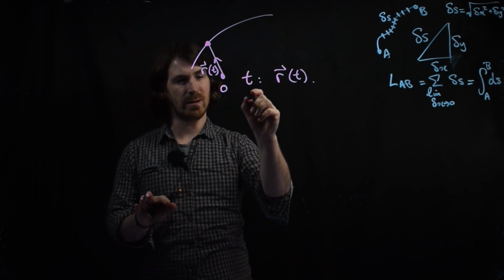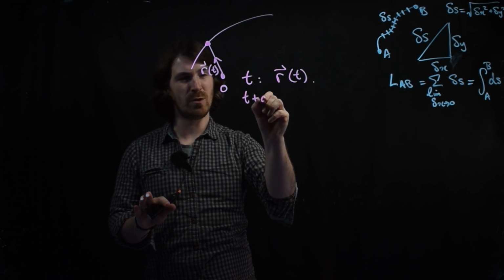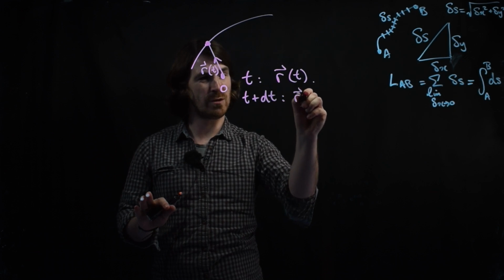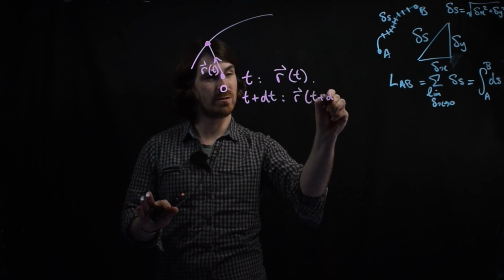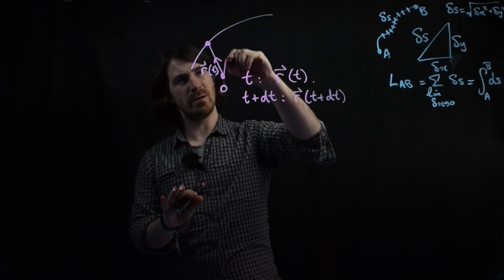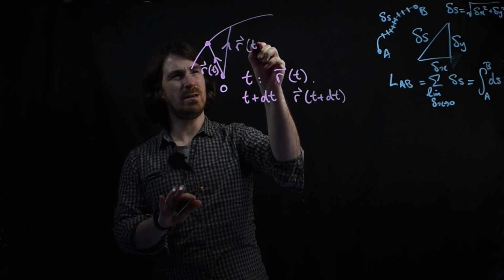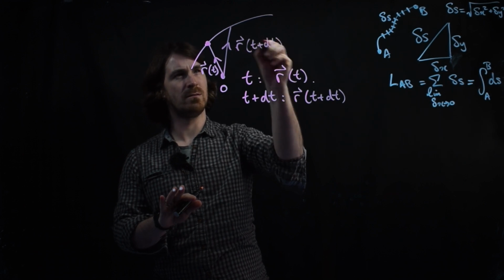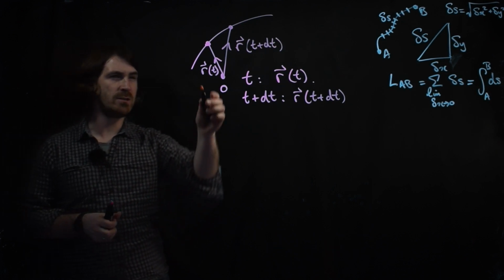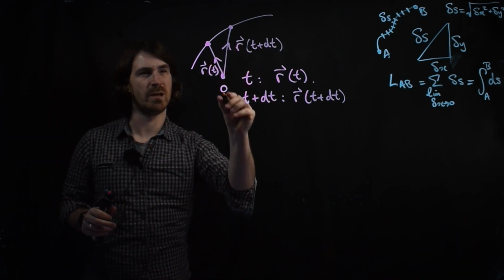Let's think about a later time, t plus some small increment in time, dt. Now the curve goes to r of t plus dt. We're still on the curve, but at a different point on the curve, r of t plus dt. We want to think about what the change in this vector r is in this small time dt.